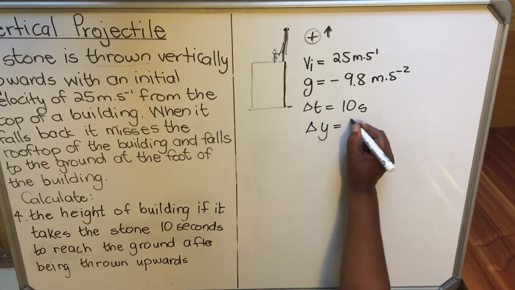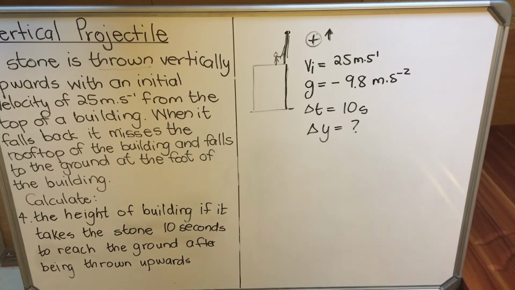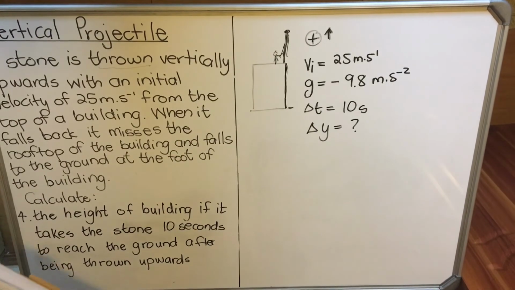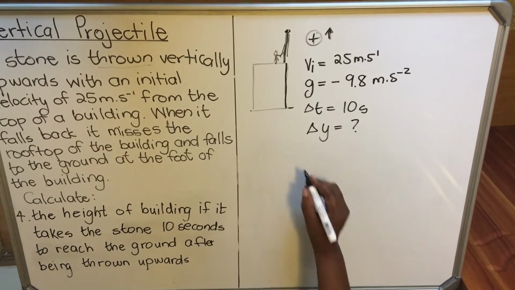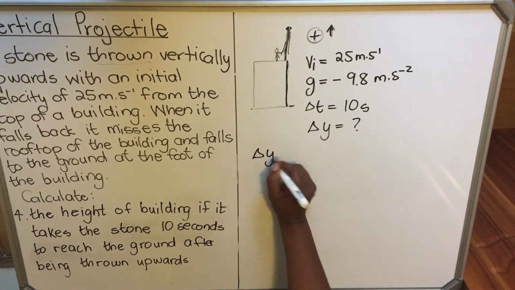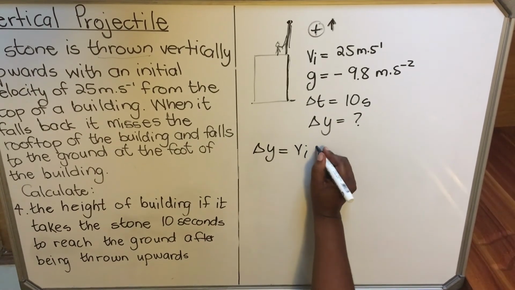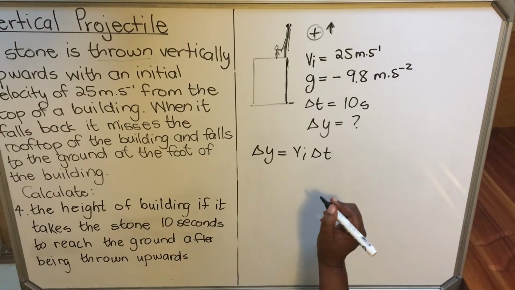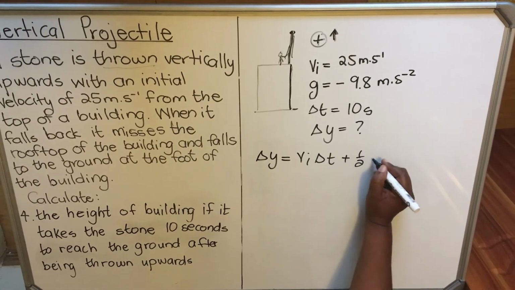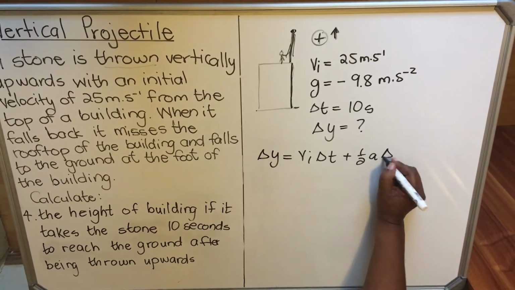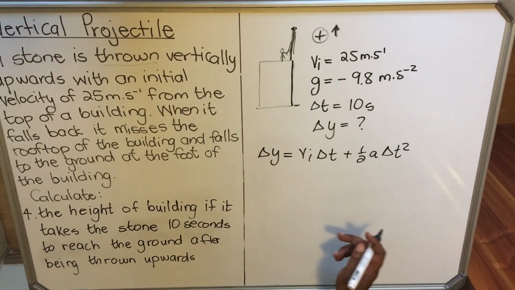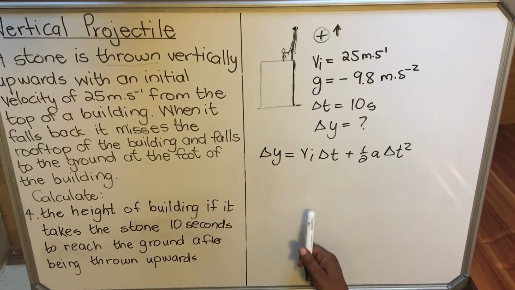We want displacement, so this is what we want. The formula that will be suitable for this, when you look at your formula sheet, is change in displacement equals initial velocity times change in time, plus half acceleration times change in time squared. Very important, stick to the formula, substituting in the formula.